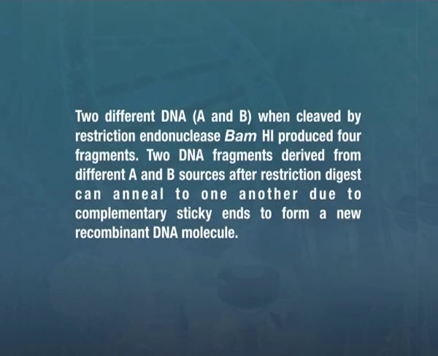Two different DNAs, A and B, when clipped by restriction endonuclease BamH1, produce 4 fragments. Two DNA fragments derived from different A and B sources of the restriction digest can anneal to one another due to complementary sticky ends to form a new recombinant DNA molecule.